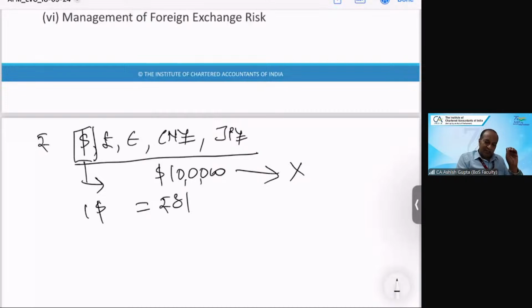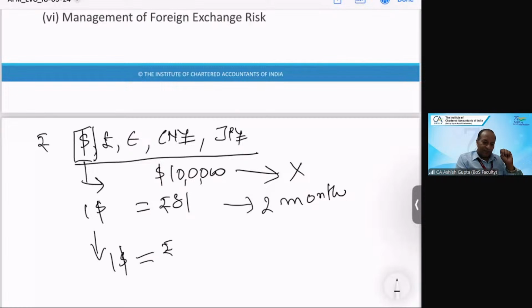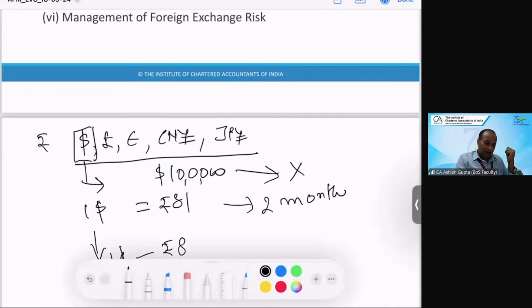Suppose there is a gap of about 2 months between exporting the goods and receiving the payment. Meanwhile, the price of the dollar becomes, say, not 80, I take it on the lower side, 79.